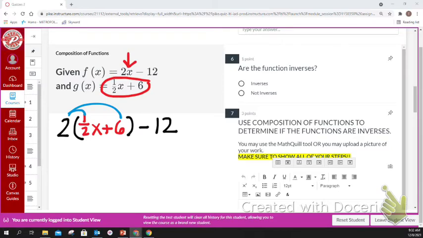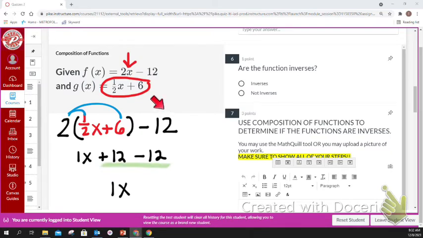So half of 2 is 1. And 2 times 6 is 12. And when you combine your like terms, you get 1x.